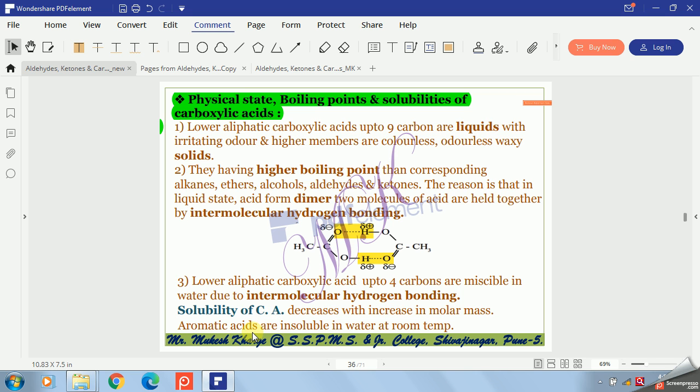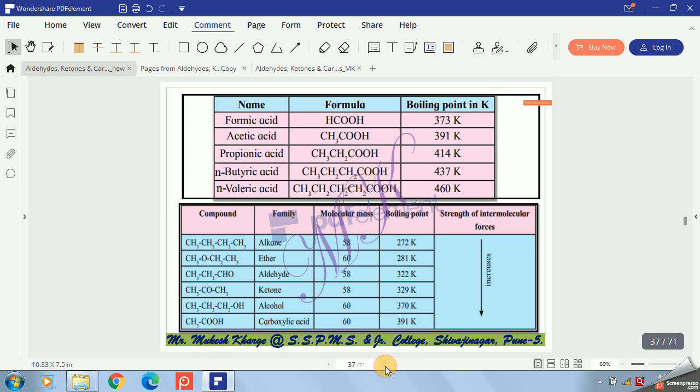This is the general statement. Aromatic acids, means benzoic acid, are insoluble in water at room temperature. Then next one, here we can check the diagram of the boiling points chart.